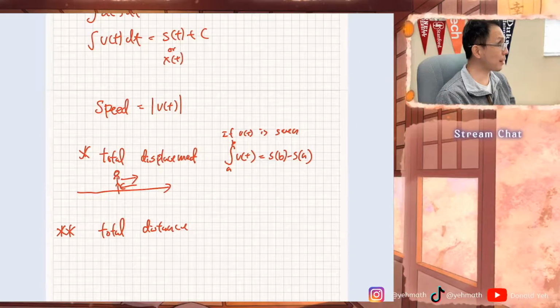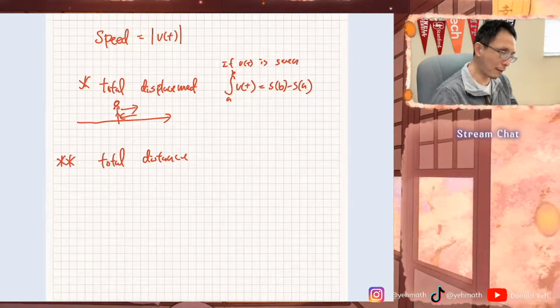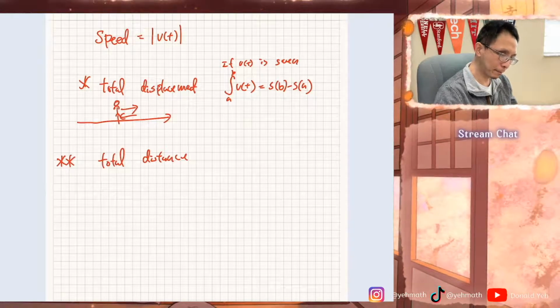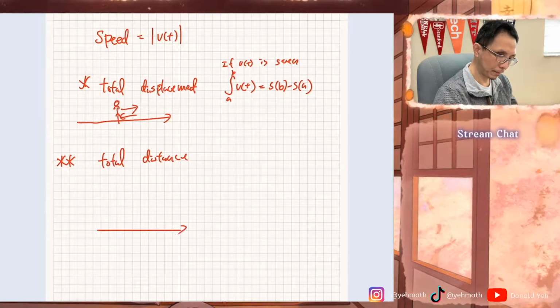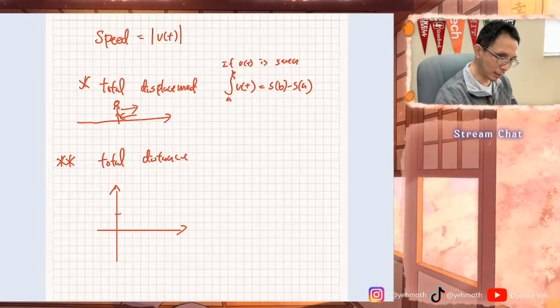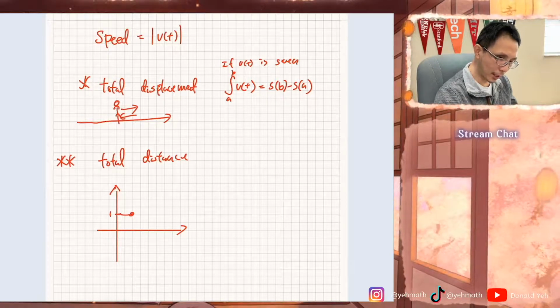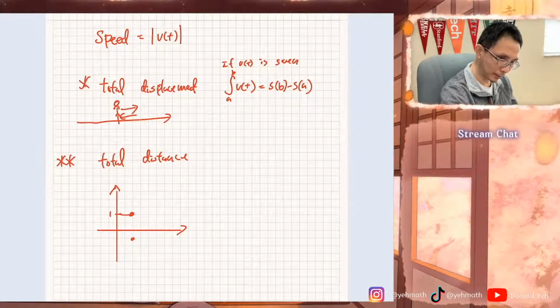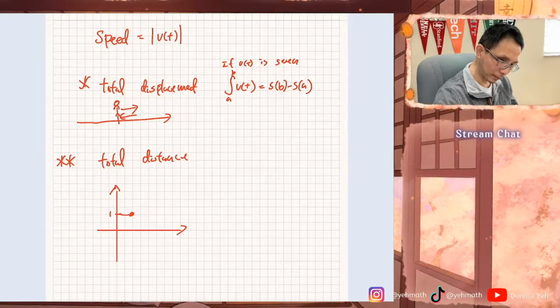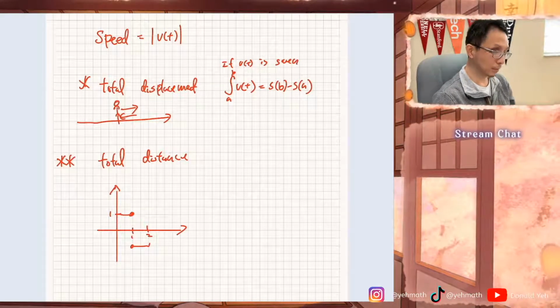So with that 1 step forward, 1 step back, I will show you the velocity graph will look like this. The velocity graph is going to be like this, and that's going to be 1 unit, and this is 2, so 1, 2.